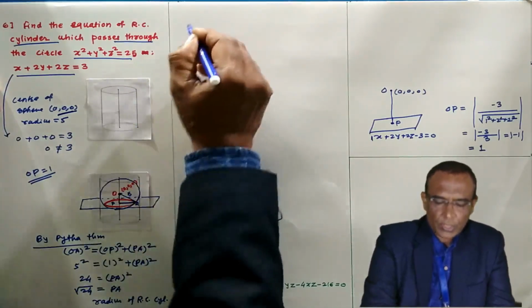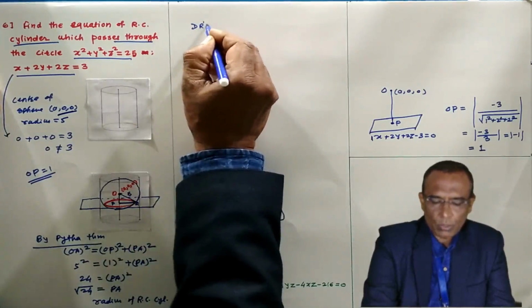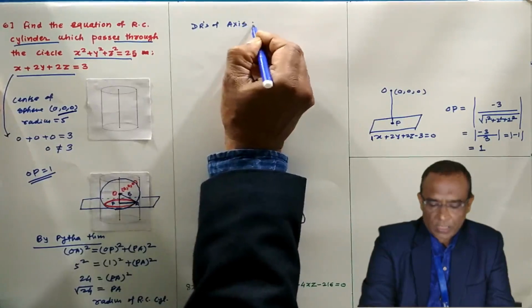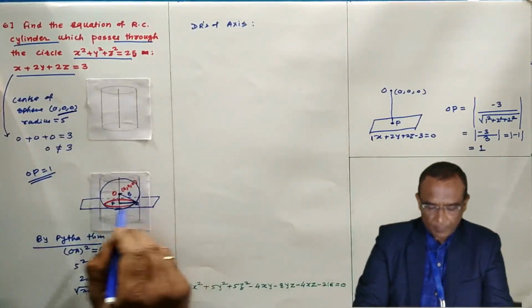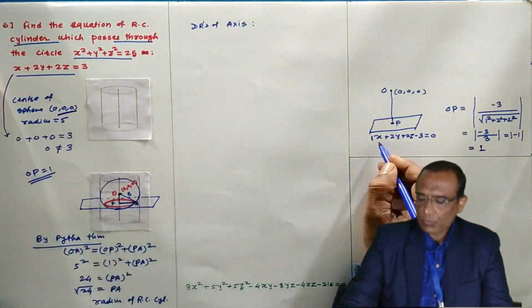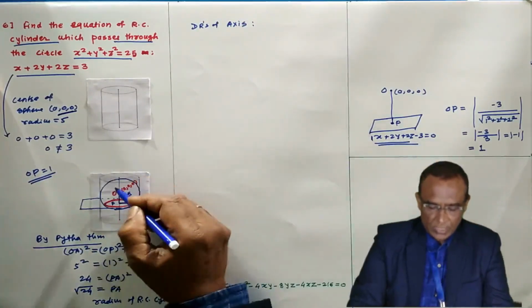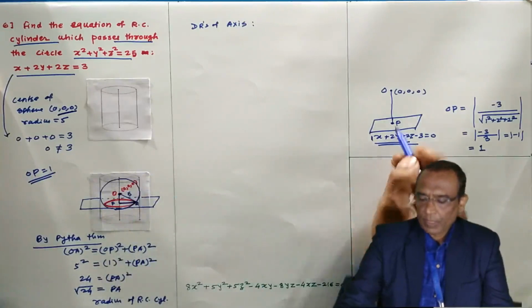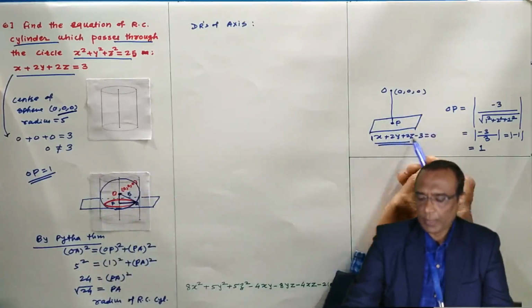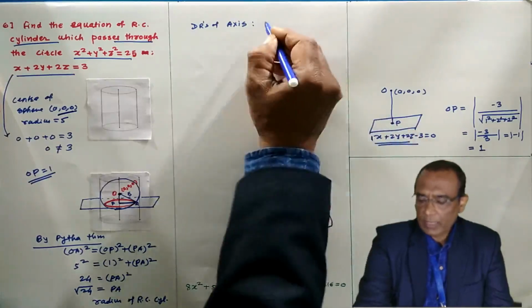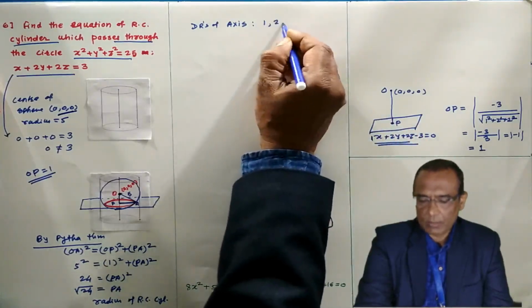Here I am writing the direction ratios of the axis. The axis is perpendicular to the plane. The equation of the plane is x plus 2y plus 2z. Means this axis is normal to the plane. If the axis is normal to the plane, then the coefficients of x, y, z are the direction ratios of the axis.